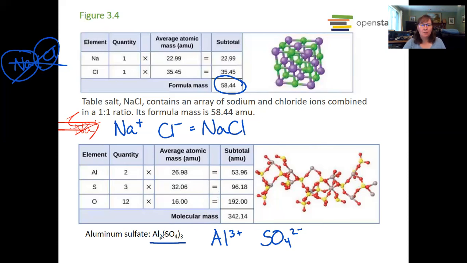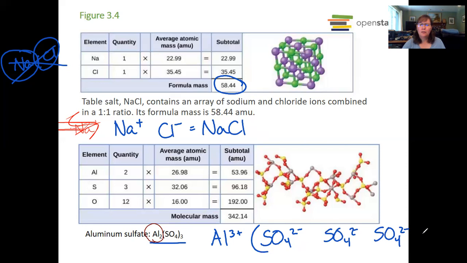This is the first time we've had these parentheses. So here we have 2 aluminums. That's easy. But see this SO4 3? SO4 3 means that we have 3 of these units.